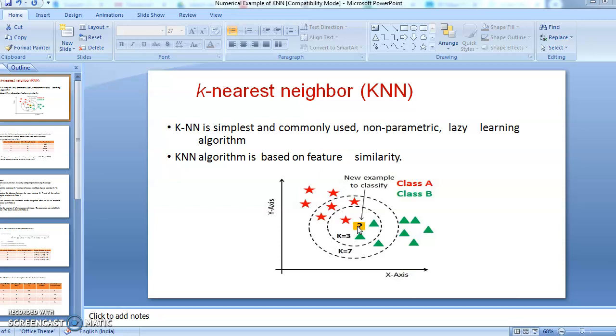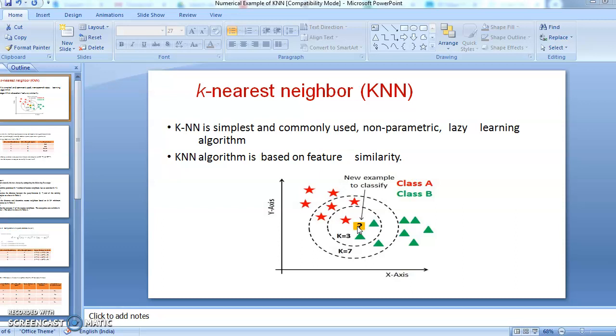Here the advantage is that no explicit training is required, and whatever training is there is quite fast. But as mentioned, there is a lack of generalization, and there is minimal time for the training.